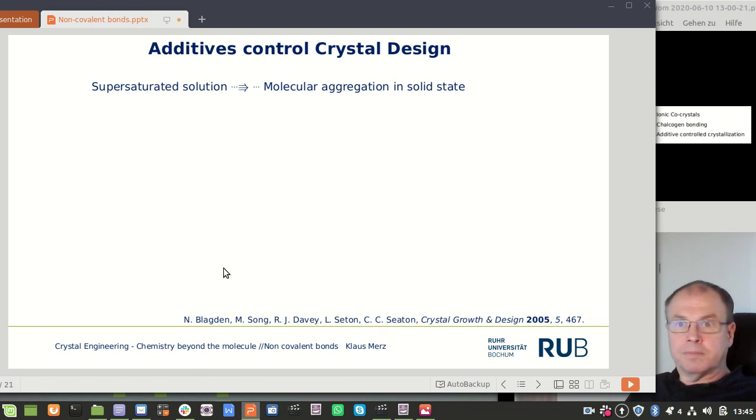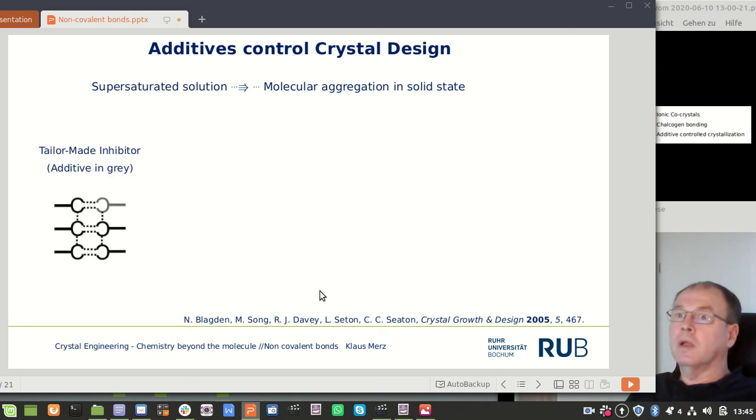Another example shown by Davey, the group of Davey, big guy, and he introduced tailor-made inhibitors. Okay, what is it? The black units, part of a crystal structure, crystal packing, and you see the green one. This is a cap.